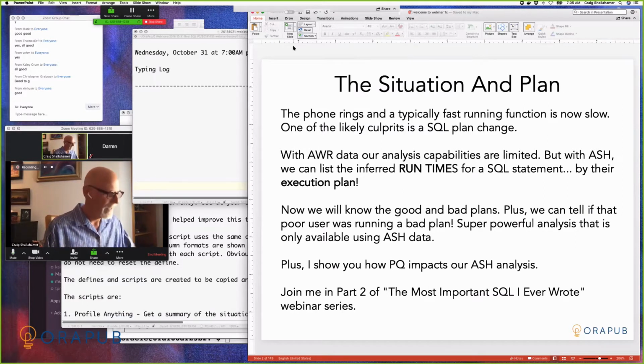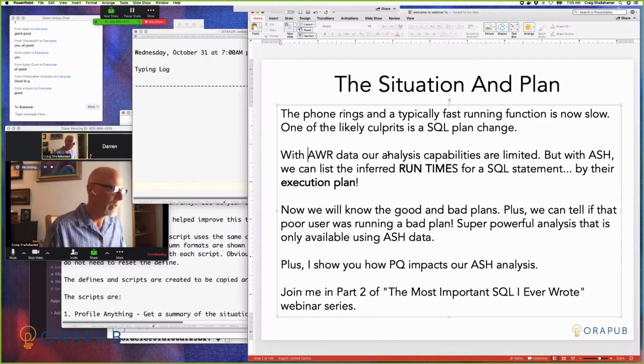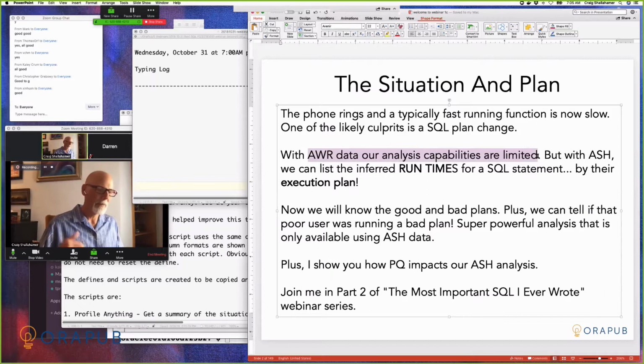Because the autonomous optimizer screws up and doesn't always make the best choice. So with AWR, our analysis capabilities are limited. Sure, we can see when a plan has changed and we get some details, but we don't have near the amount of detail that we have with the ASH data.